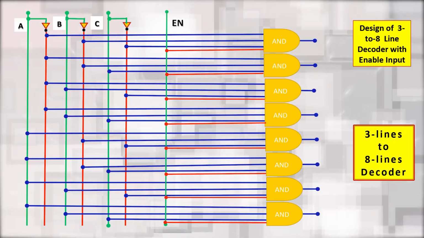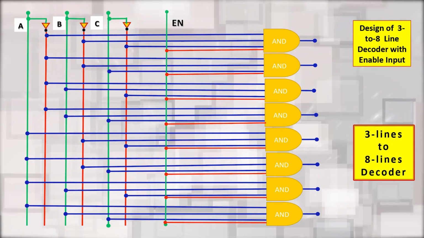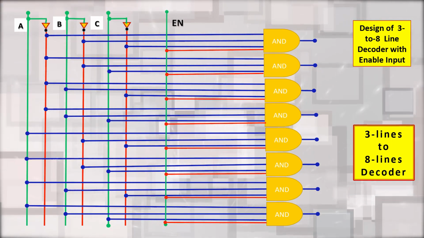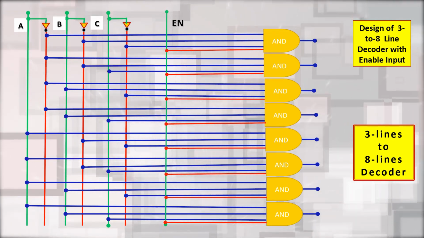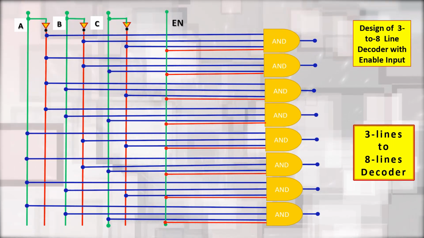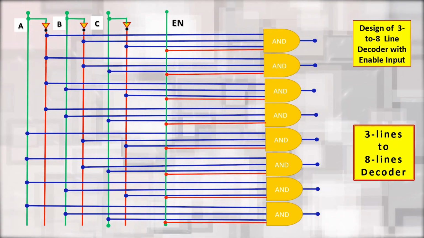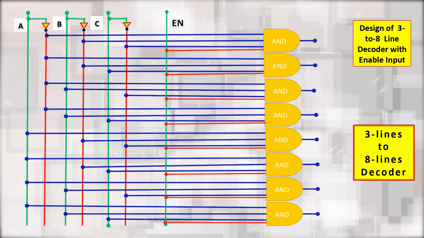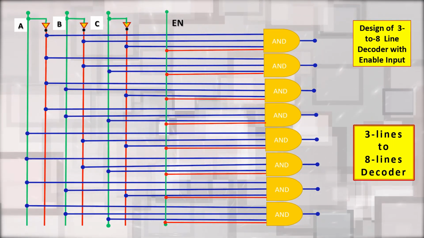You can see the design of the 3 to 8 decoder is almost the same as what we have seen in the earlier case, only here the enable input is additional. So, the AND gates that we are using for the 3 to 8 decoder design with enable will require 4 inputs.